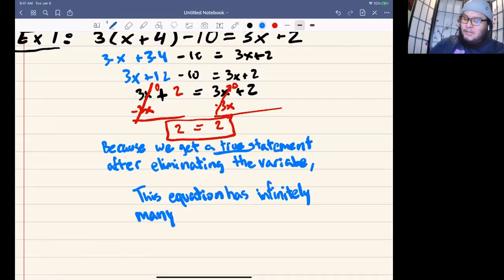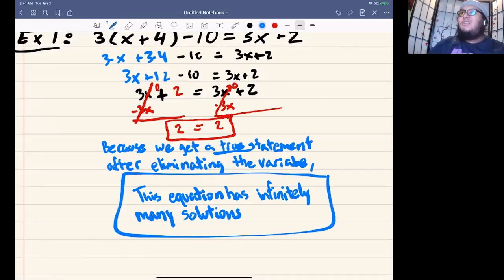Infinitely many solutions. All right. And that's the answer. Our answer is that the equation has infinitely many solutions.